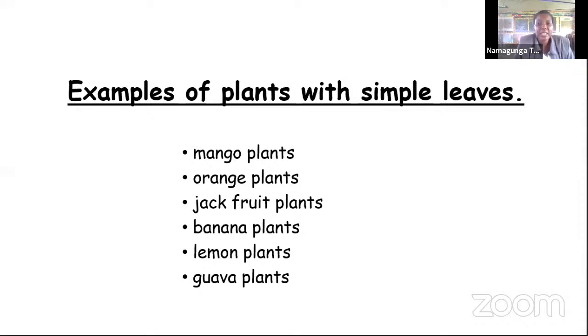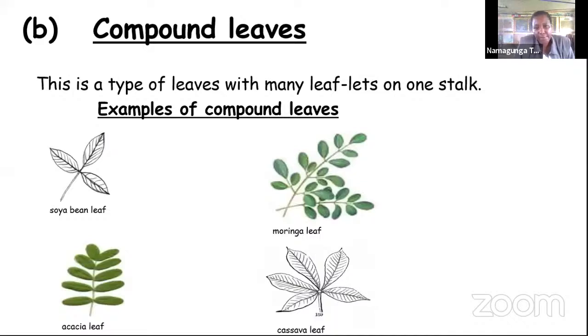You will be able to identify which one you are talking about. Simple leaves are those type of leaves with one leaf blade, the surface of the leaf, which makes one, on one stalk. Hopefully you have understood.